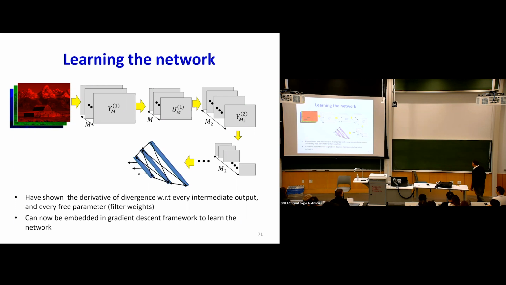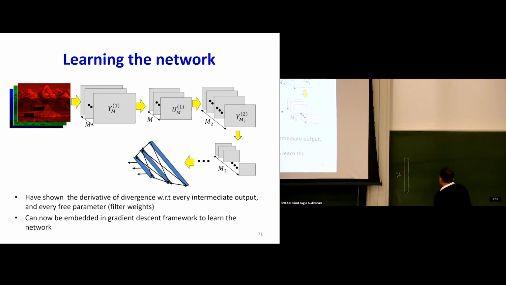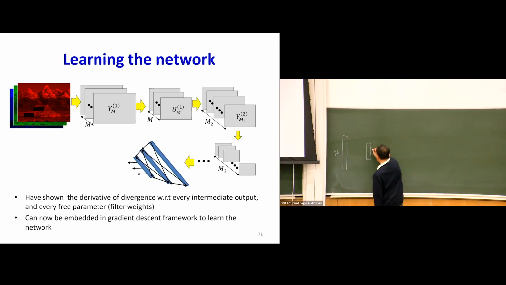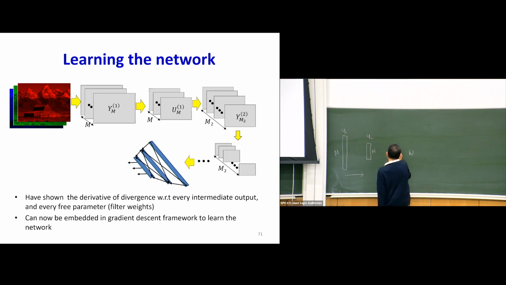Let's say I have some linear layer, where the input is M elements and the output is N elements. Going forwards, let me call the input Y1 and the output Y2. So Y2 is going to be W times Y1 plus a bias. Skip the bias for now.